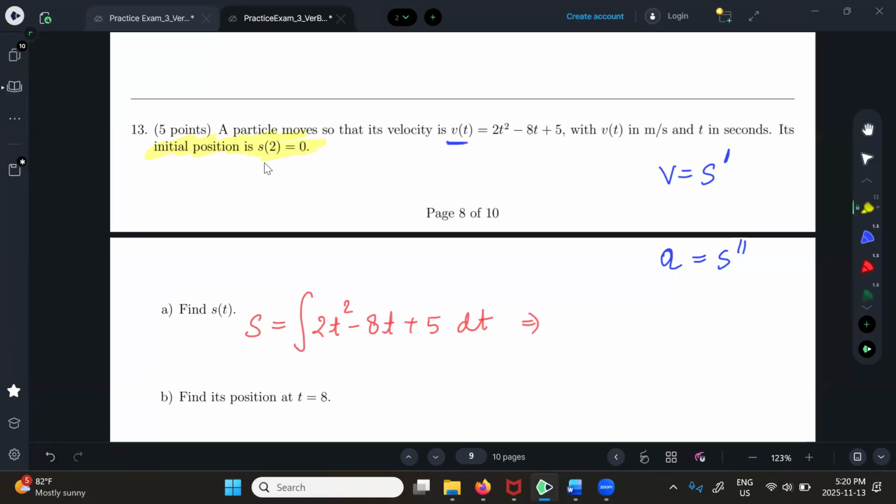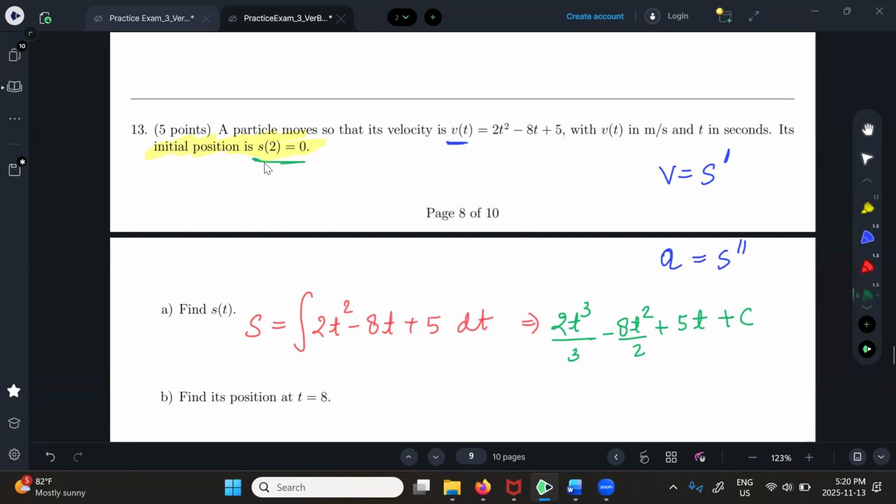All right. Alrighty. So simplify this, what do you get? 2t cube over 3 minus 8t square over 2. Constant becomes, but there's a plus C, right? Good job. You're doing good job. Plus C, what do you get?